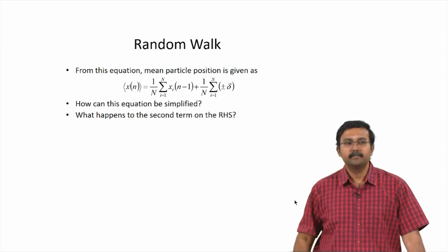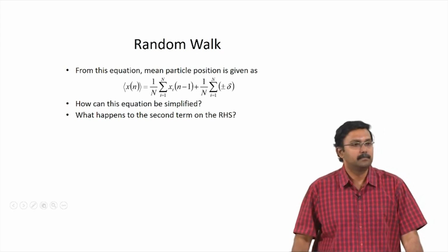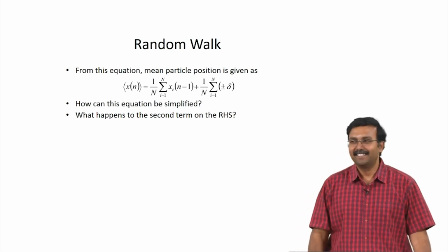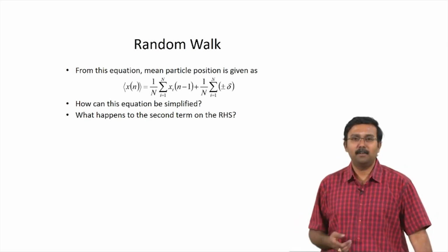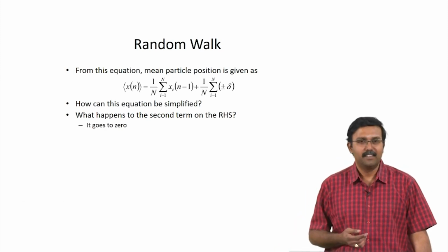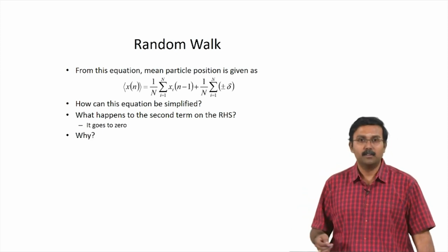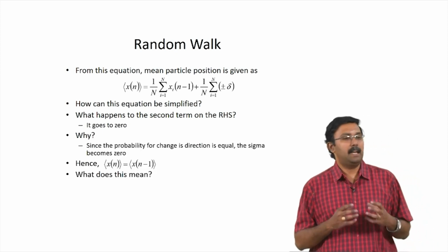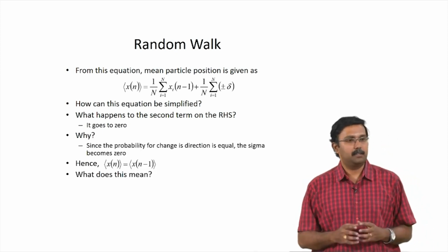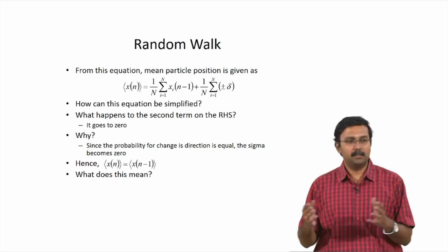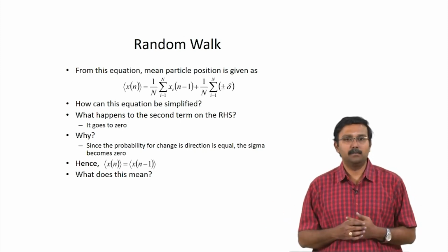Will it not get cancelled? Why? Because there is plus delta, minus delta, plus delta, minus delta. Half will be plus, half will be minus, so it goes to 0. This happens only in an unbiased random walk. If there is bias, then you cannot do the simplification.